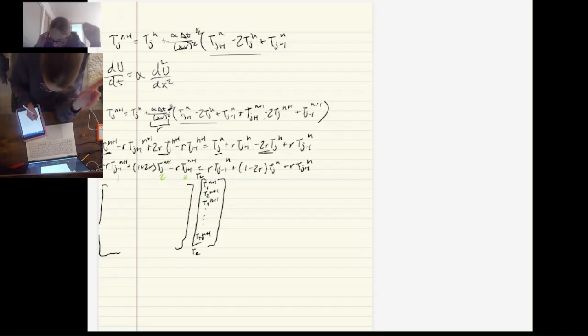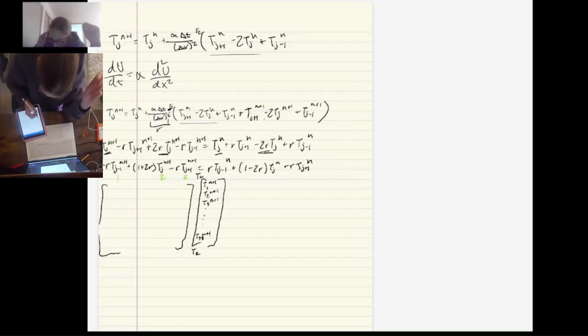And that is going to be 1 plus 2r. And then again, we're on the third position, still on the same second row because that's what our J is equal to, and that is going to be -r. Okay, and again, it is big, so it's not a 3 column matrix.